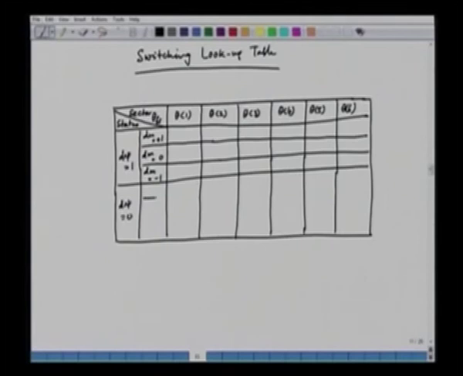Similarly, here also we can have 3 different torque status. So we have dm equal to +1, dm equal to 0, and dm equal to -1.